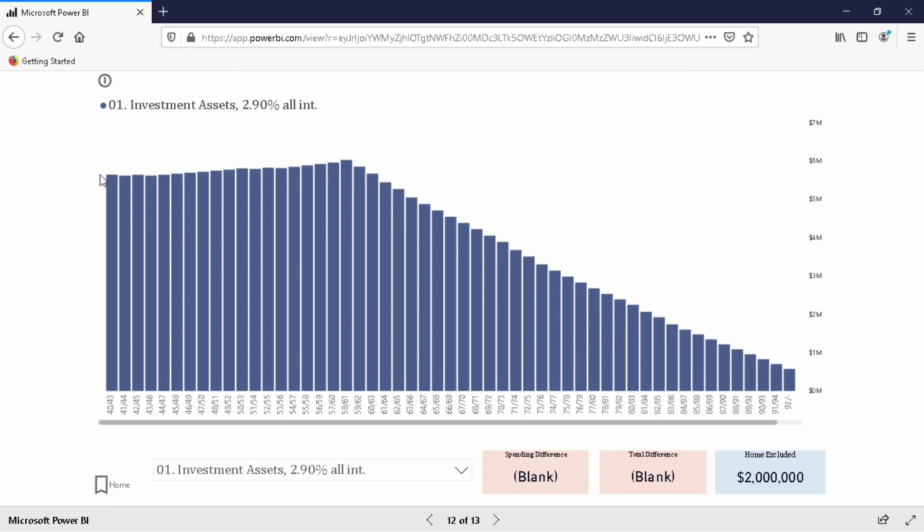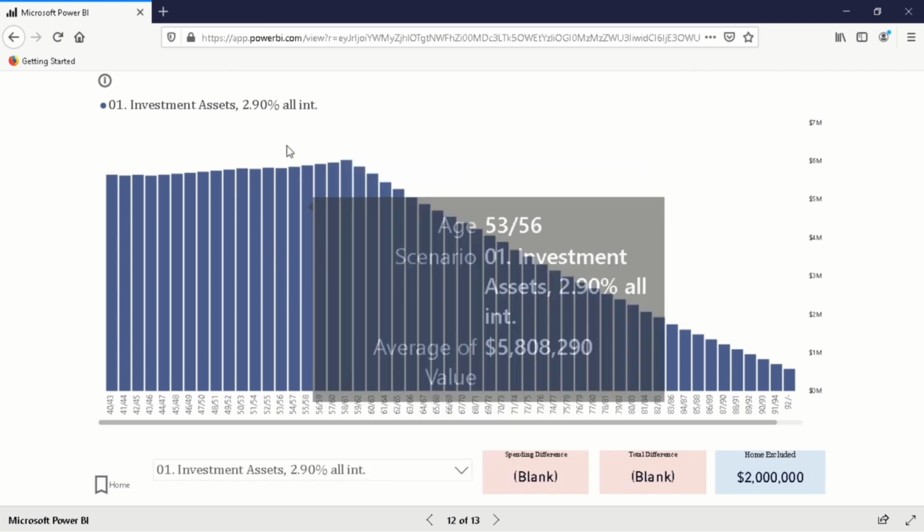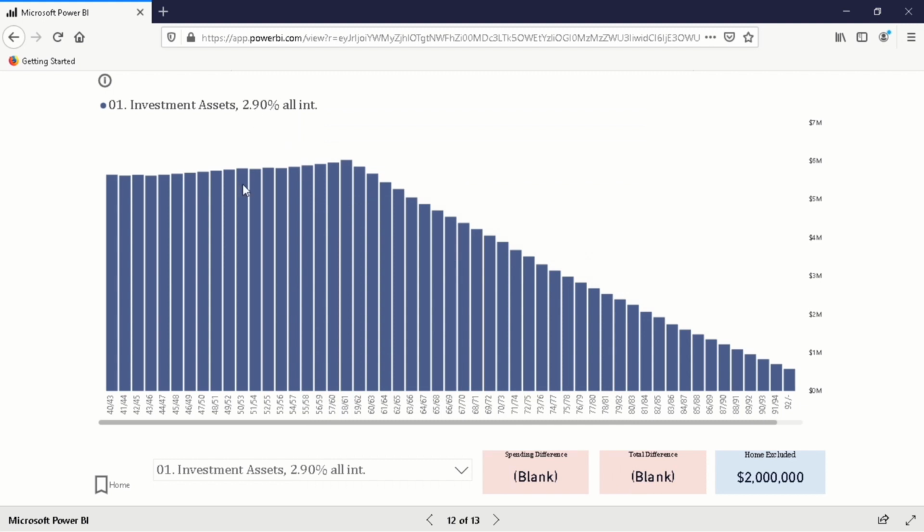This is just a test client that we've created at Camber that we run these testing projections on. We're looking here at just investment assets, so real estate has been excluded. Here, every investment that this client is holding is assumed to be 2.9% as a bond portfolio, and it's all interest.